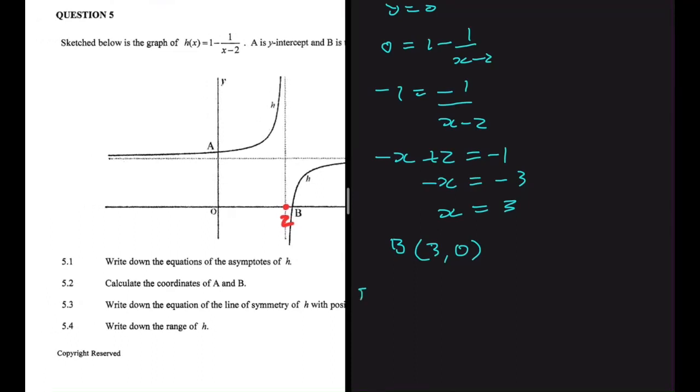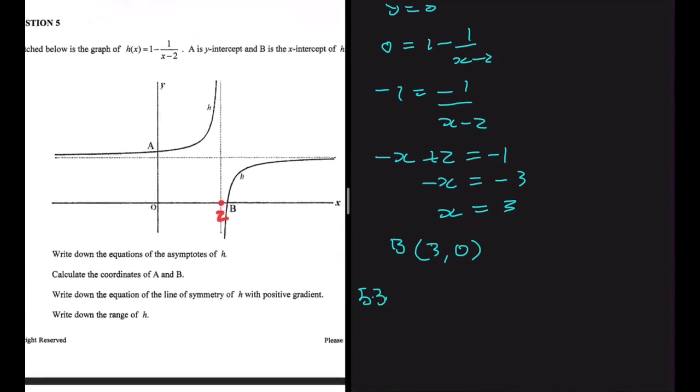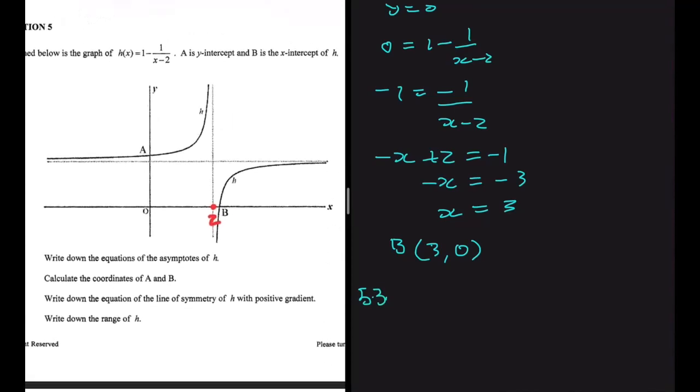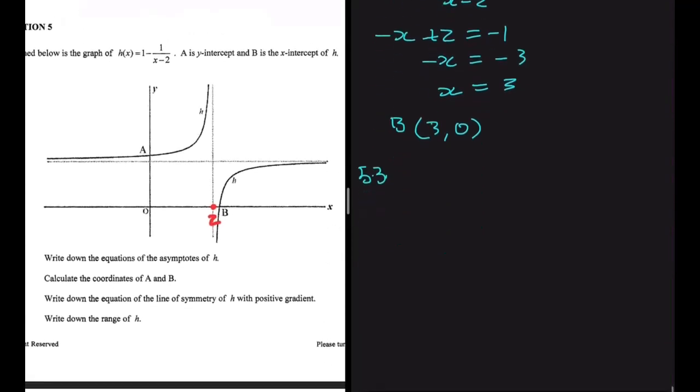We can move to 5.3, right? So 5.3 says, let's write down the equation of the line of symmetry of h with a positive gradient. So the line of symmetry with a positive gradient will be y is equal to x plus k, where k is a constant, right? So what we need to do here is basically find the value of k.